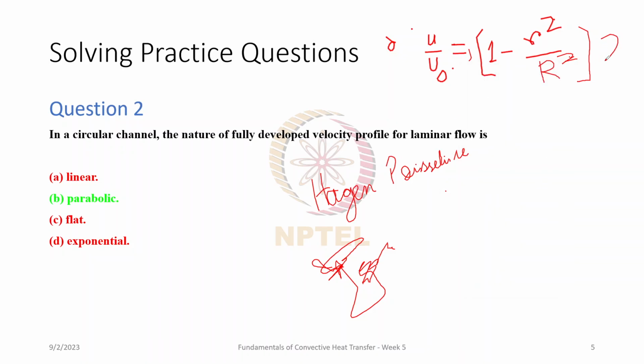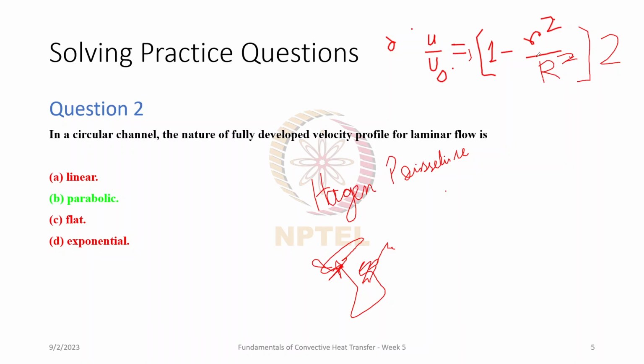Anyway, u0 is the maximum velocity, and u is the velocity at a location r, and it's given by 1 minus small r squared, where r is the radial distance from the center line, over capital R squared, where R is the radius of the actual pipe.